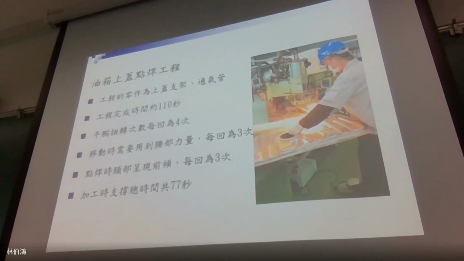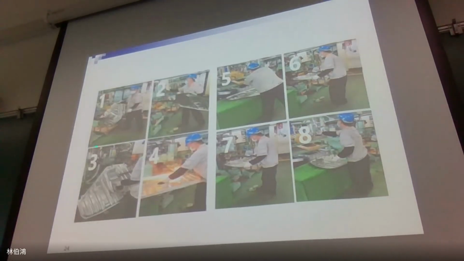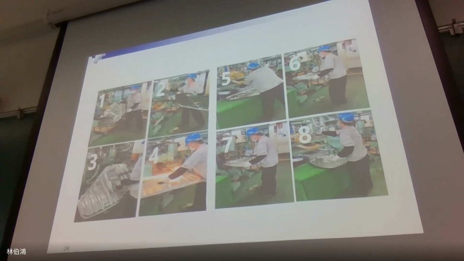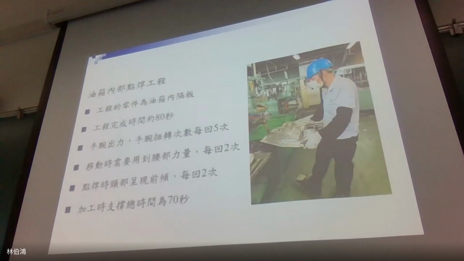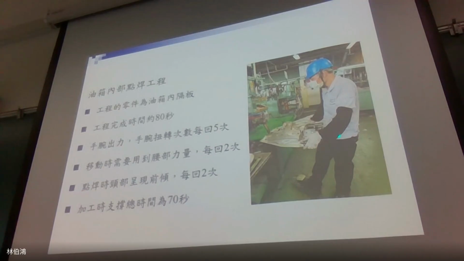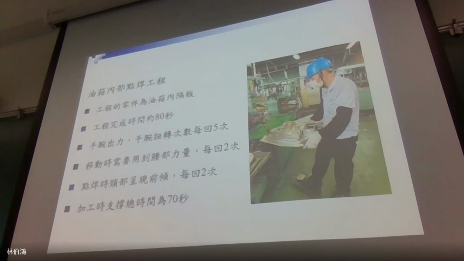So this is the upper cover station, and this is the A state for the upper cover station. And the inner cover, you can see, the operation is different. In this inner cover station, the working compression time is about 80 seconds.